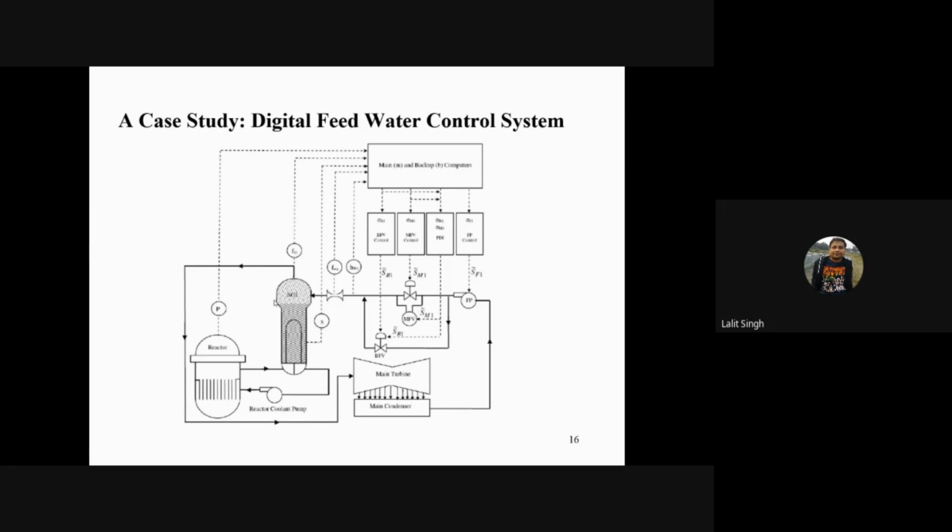the water level starts diminishing, and hence we have to make up this water sufficiently. So the digital water control system actually maintains the level of the water inside the steam generator, because if there is less water it will not be able to remove the required heat from the reactor, right?